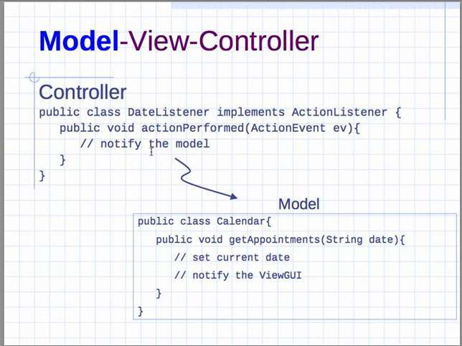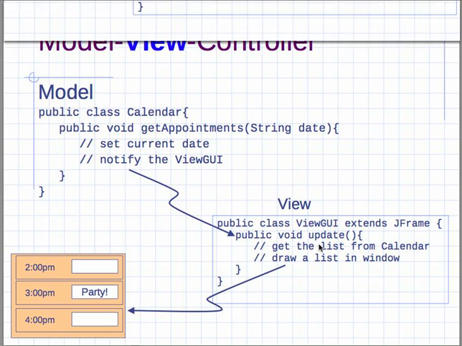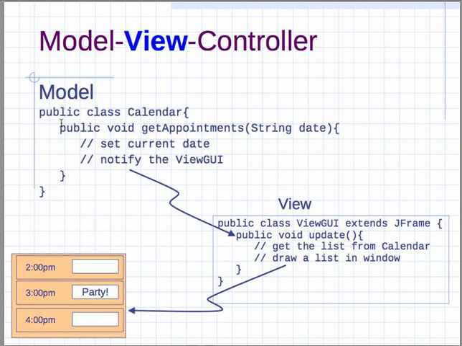Once it gets the text, it notifies this model object, which is, let's say, a calendar. The calendar might have getAppointments or setAppointments. As soon as the date is set, the model notifies the view, the graphical interface, that it should update. So the model might call the update method on the view. What the view will do is get the list of appointments from the calendar, draw a list in the window, and then put in this new appointment.